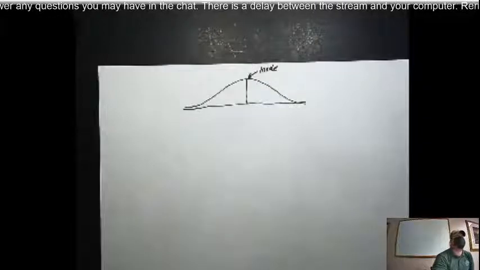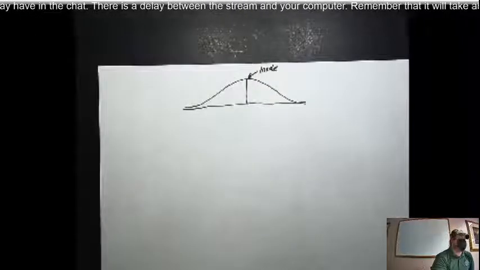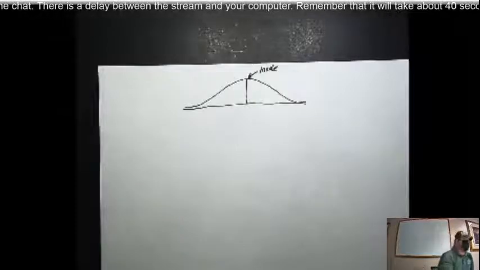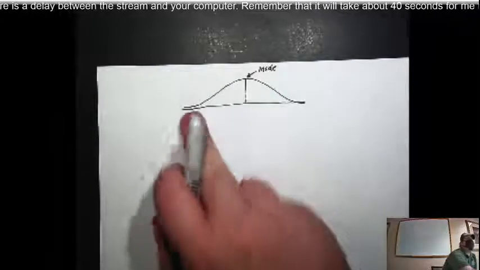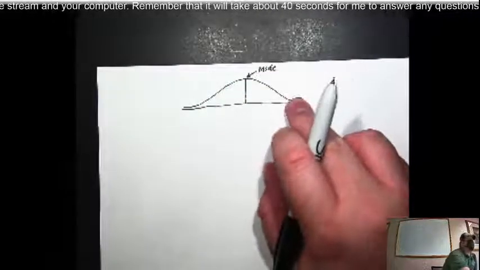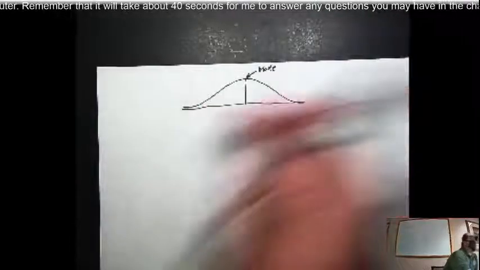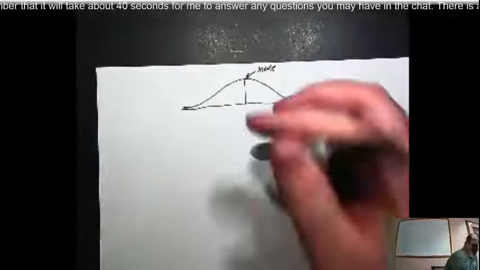Okay. Now, because this is normally distributed, this is a symmetrical set of data. So we have very little frequency here. It's the exact same on this other side. These are perfectly the same. They're perfectly symmetrical.